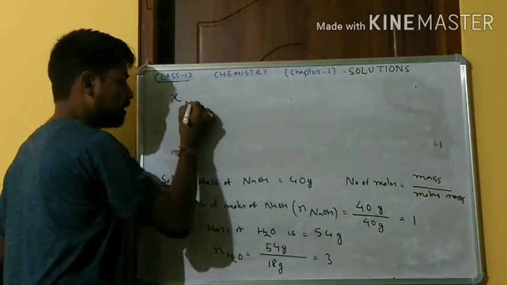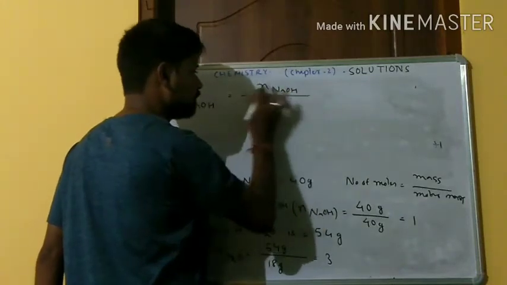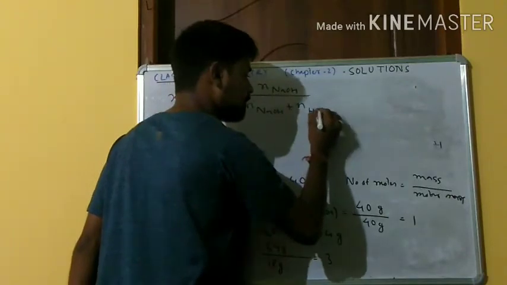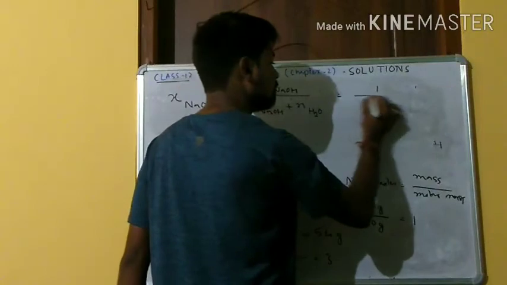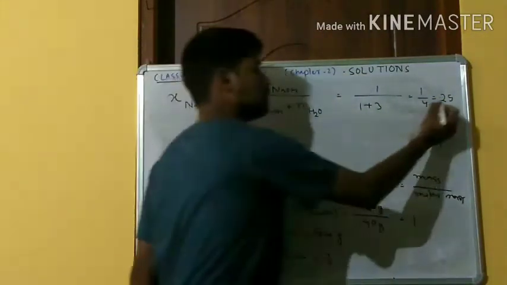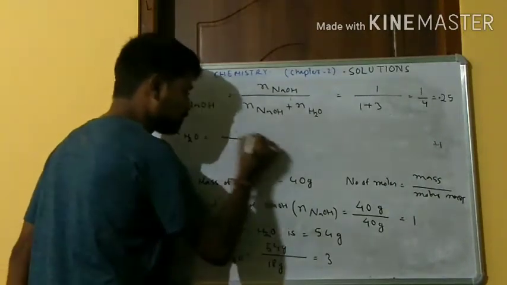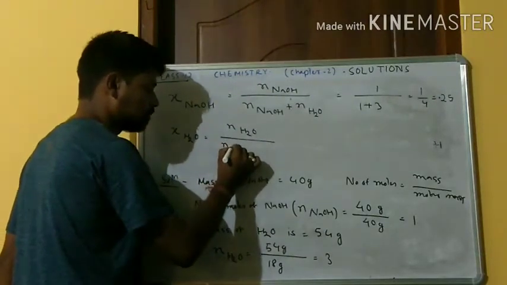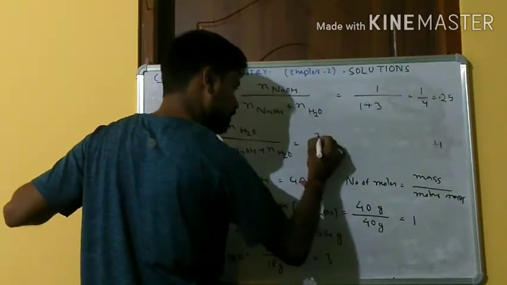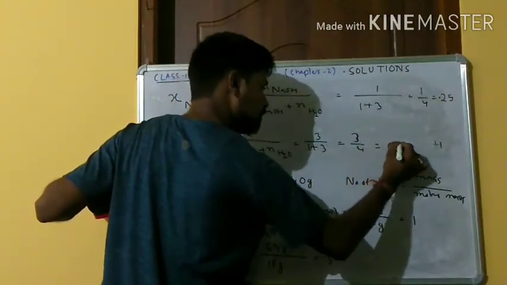I am writing X NaOH, the mole fraction of NaOH, which will be the number of moles of NaOH divided by the number of moles of NaOH plus water. That is 1 by 1 plus 3, which is 1 by 4, equal to 0.25. The mole fraction of water will be 3 by 1 plus 3, equal to 3 by 4 or 0.75.